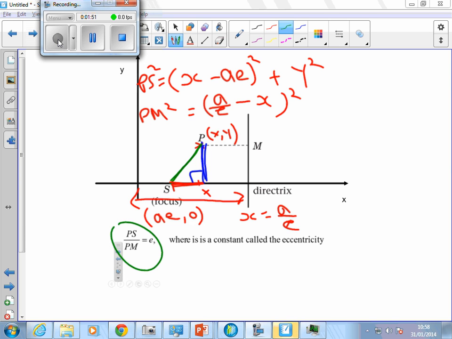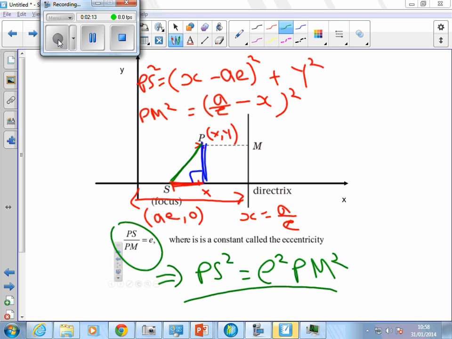And therefore, we can say that implies that PS squared is equal to E squared PM squared, taking the PM to the other side and squaring both sides. We can now substitute this property into here.